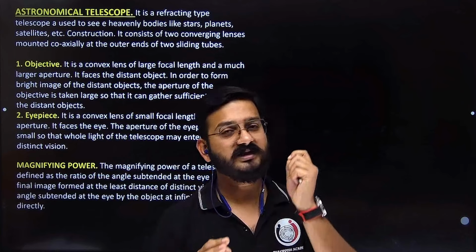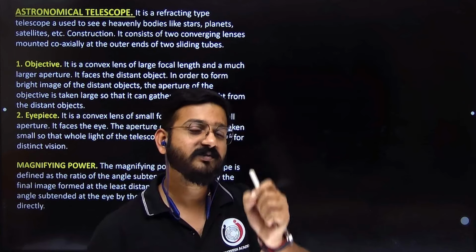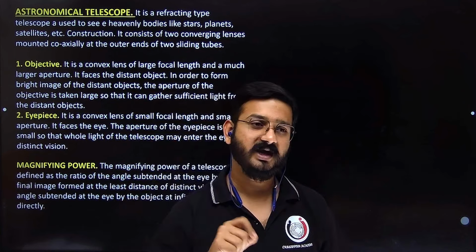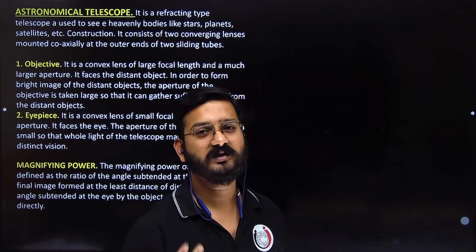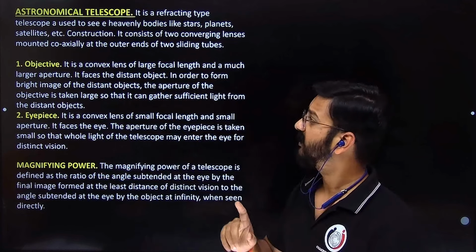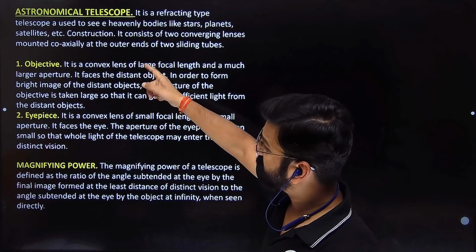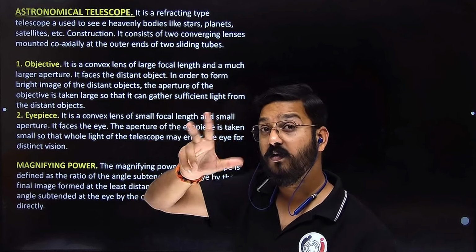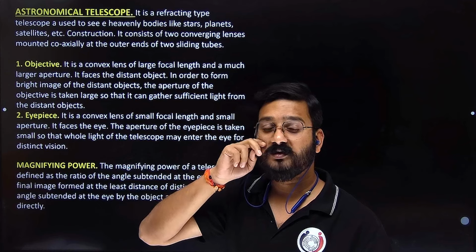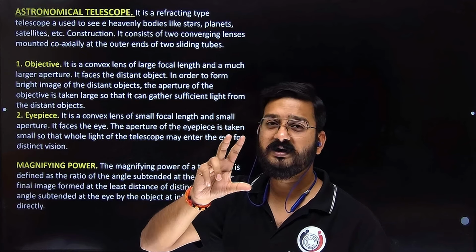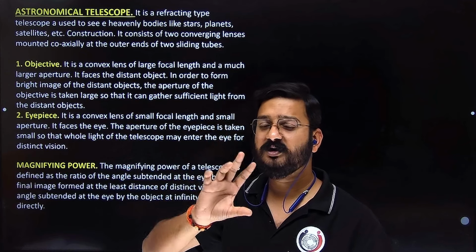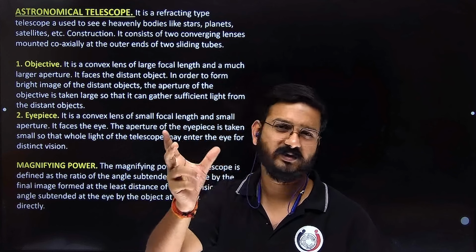I will show you in the next video some questions where they give you a table and ask which case will be suitable for a microscope or telescope. So make a note: in the telescope, the difference between the focal lengths of objective and eyepiece will be more. But in the compound microscope, the difference is not huge. It's a small difference, you can say.